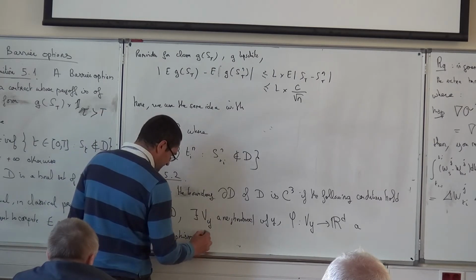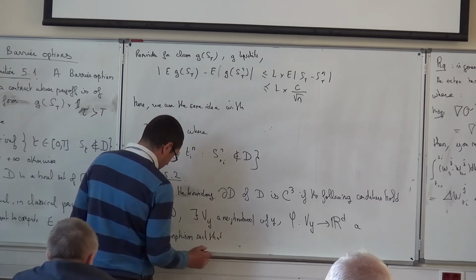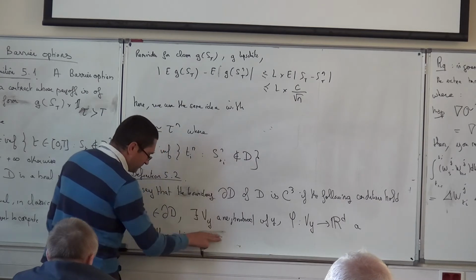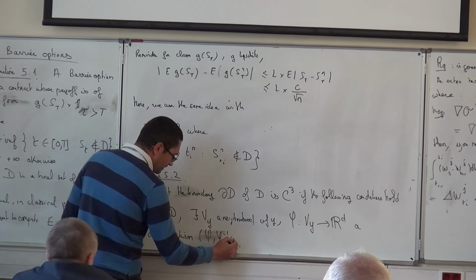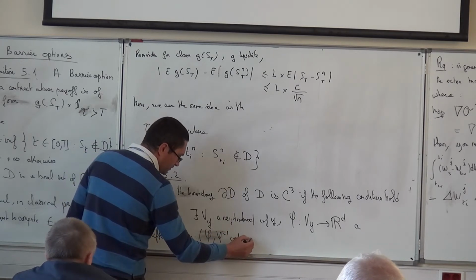Diffeomorphism means that phi and phi minus 1 are continuous.